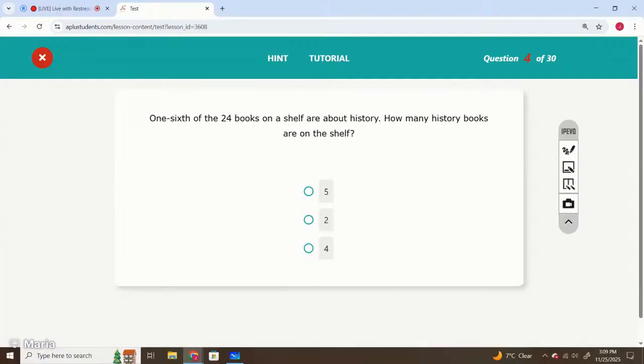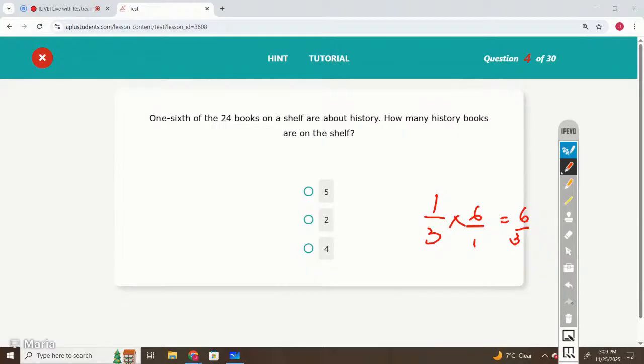One sixth of the 24 books on a shelf are about history. How many history books are on the shelf? So you have to find one sixth of 24. So that is 1 by 6 times 24. 24 times 1 is 24 and 6 times 1 is 6.